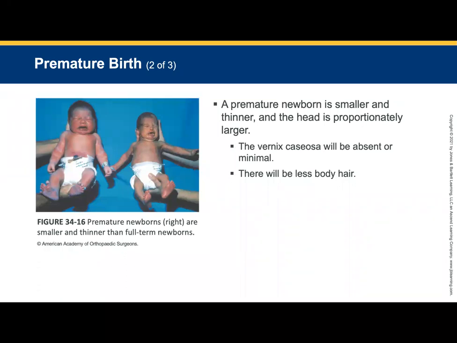So if they have to deliver, let's say this little boy right here is delivered at 34 weeks, they will actually spray surfactant in his nose at birth to help stimulate natural surfactant growth in the lungs, so his lungs do not stick to his ribs. So that's a pretty neat little thing.